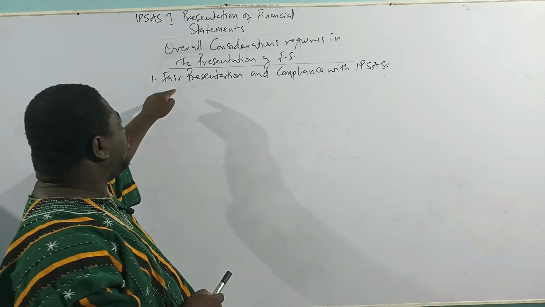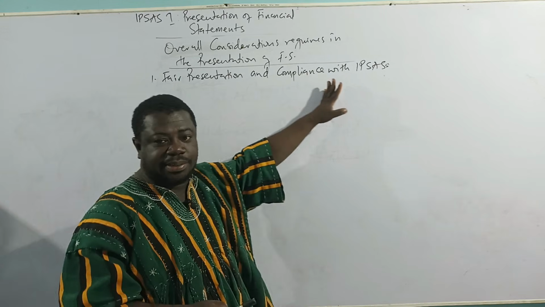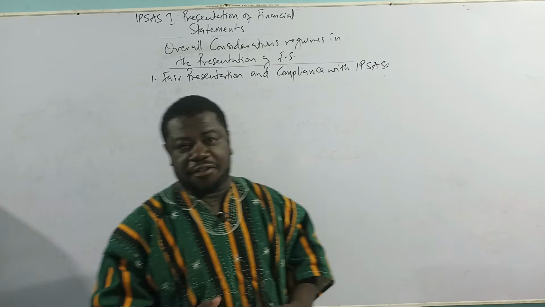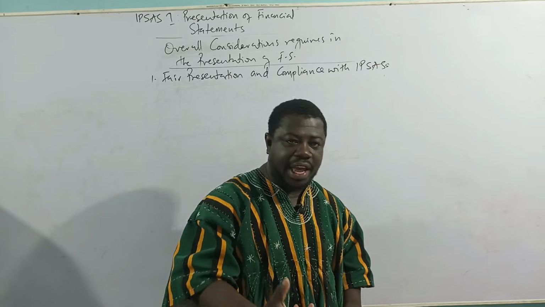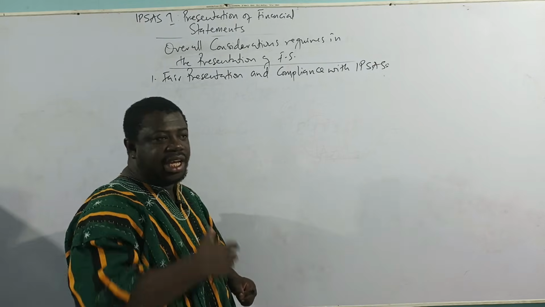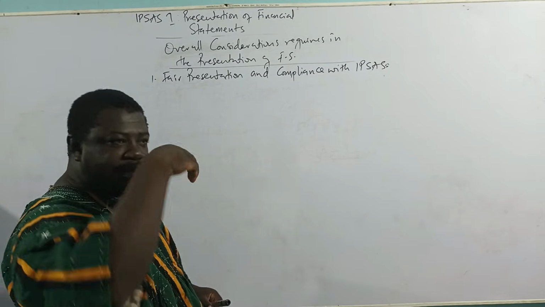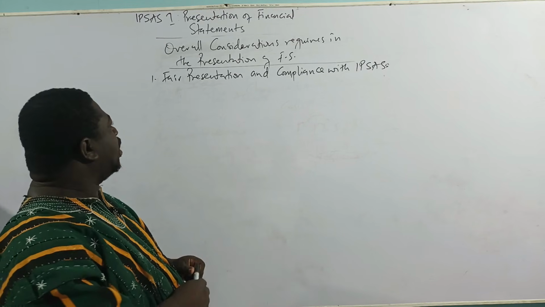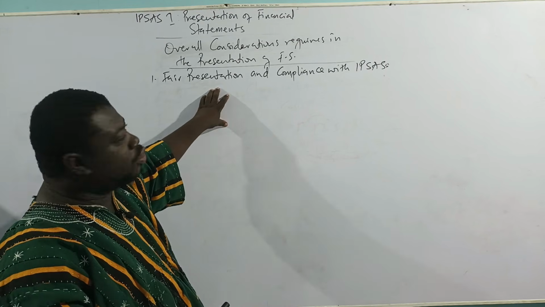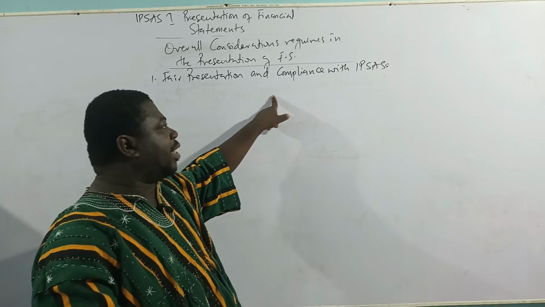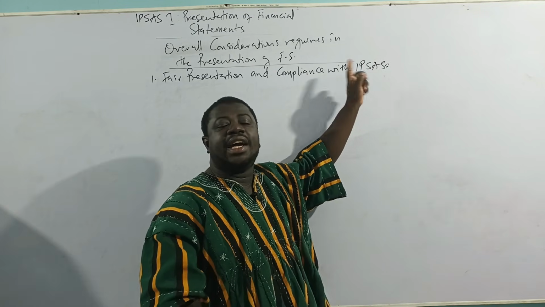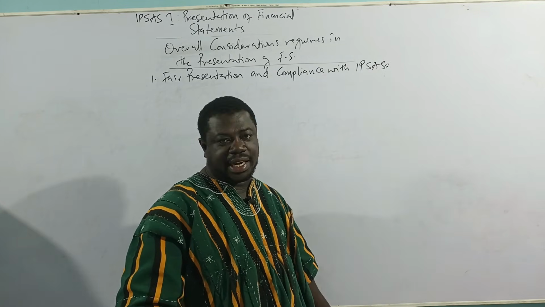The first one is fair presentation and compliance with IPSAS. It should be fair. Fairness should be applied when you are preparing your financial statement. Be fair to your users, be fair to the government, be fair to the citizenry. Fair presentation, truthful presentation, and make sure that every part of your financial statement complies with a public sector accounting standard.